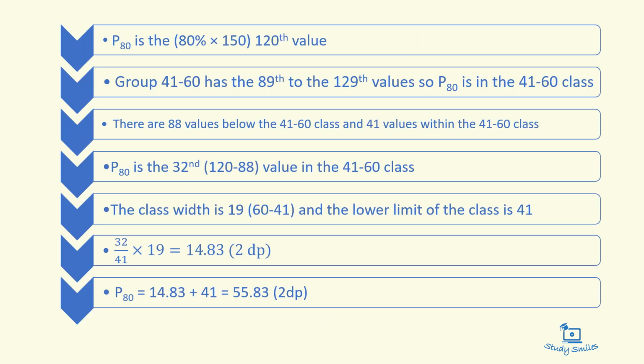Here is a summary of the steps that you hopefully worked through to calculate an estimate of the 80th percentile as being 55.83. Remember that you can find the percentiles by using a cumulative frequency chart as well, like we did for quartiles in the previous lesson. We'll come back to this in an example later in this lesson.